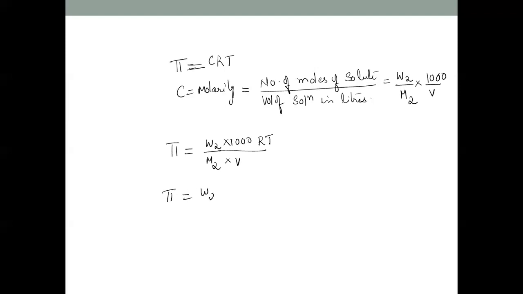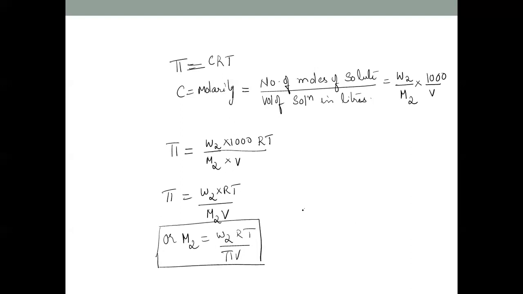This is for V in liters. So pi equals W2 RT by M2 V. Done. Or M2 is equal to, from this equation, W2 RT by pi V. So if you know all the variables here, we can calculate the molar mass of what? Solute.